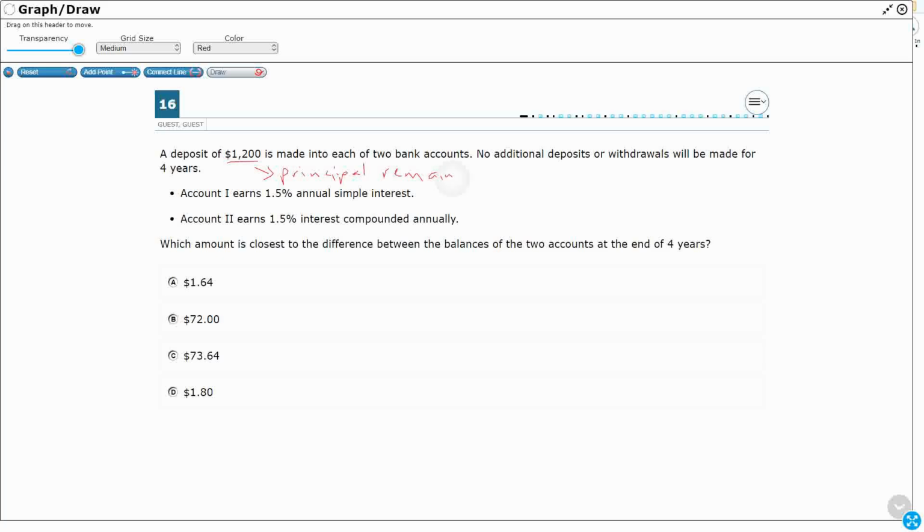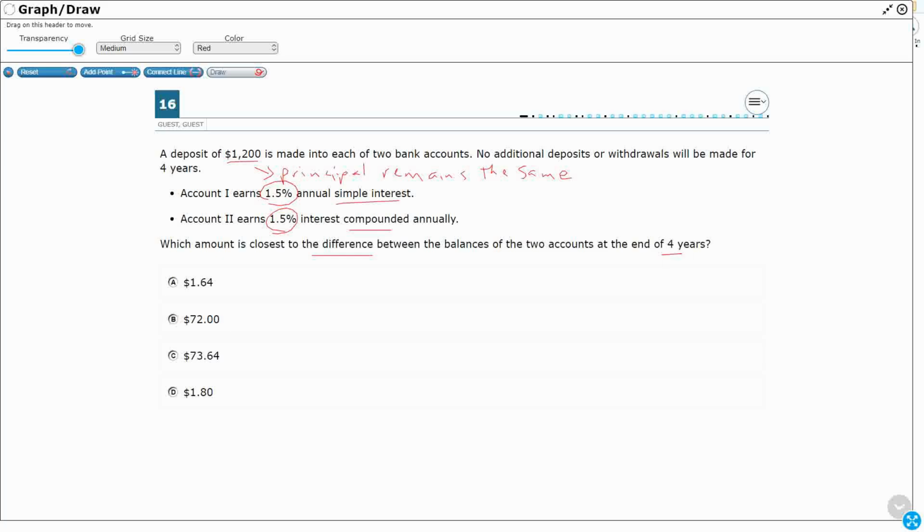Because if you make additional deposits or withdrawals, that's going to change the principal. And so we've got simple interest here, we've got compound interest here, and they're both at that same 1.5%. So once we calculate the simple interest and the compound interest, now we need to find the difference between the two balances at the end of 4 years.